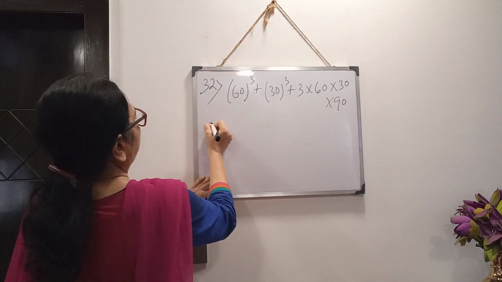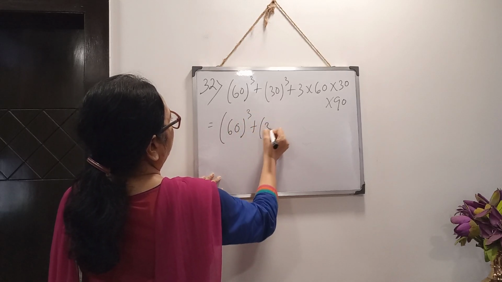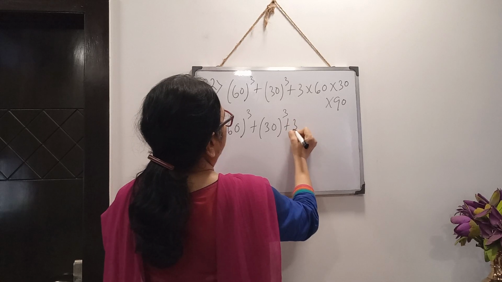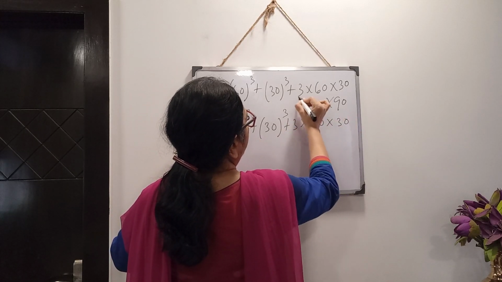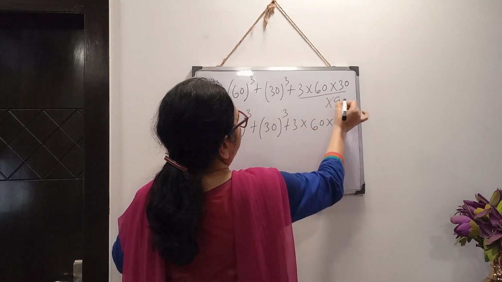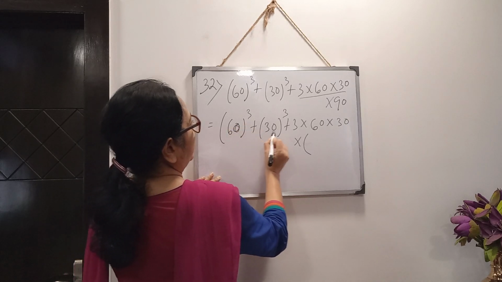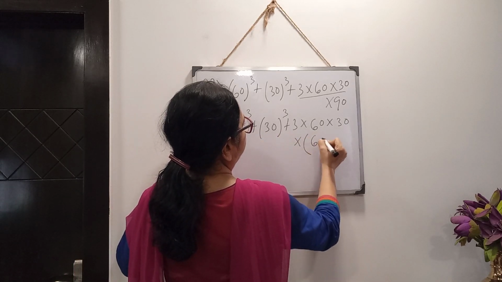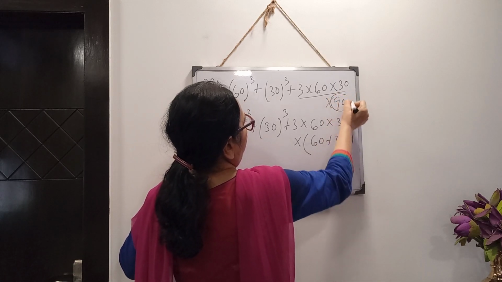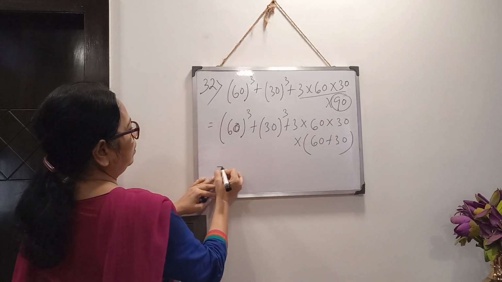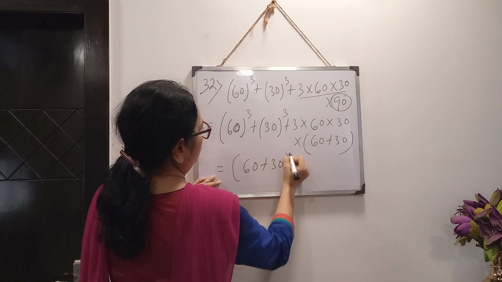Now again the second form, (A + B) whole cube is A³ + B³ + 3AB(A + B). Your A is this, B is this. This part is over. Only there is 90, I have to adjust that. How? A³ + B³ + 3AB into (A + B), A plus B, 60 plus 30, 90. So I have written it in that form also. Clear? Now it is coming to that formula, (A + B) whole cube.